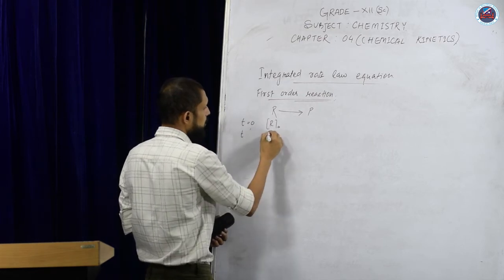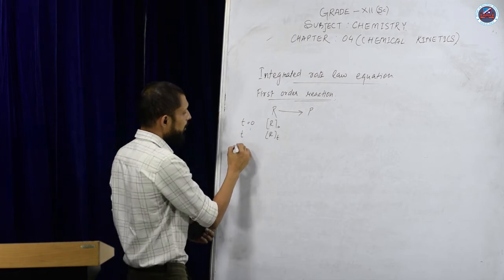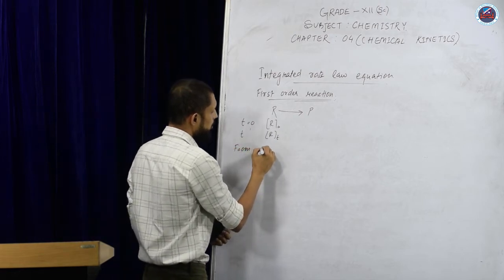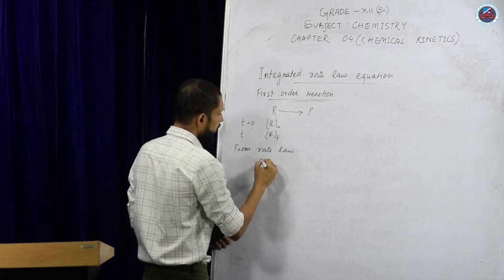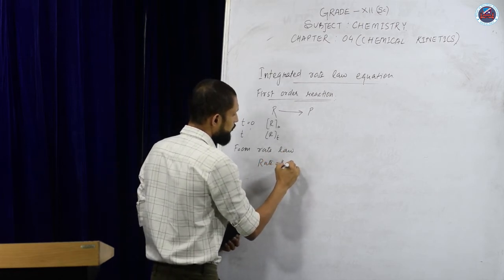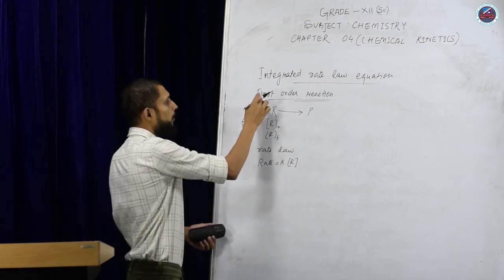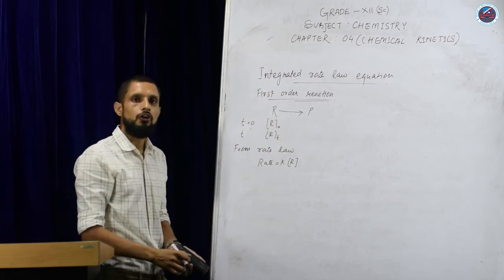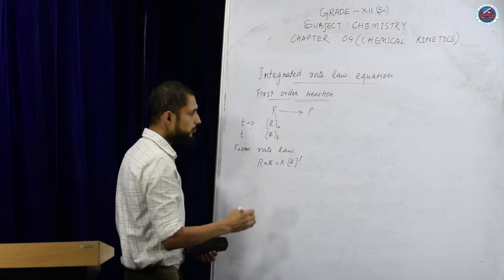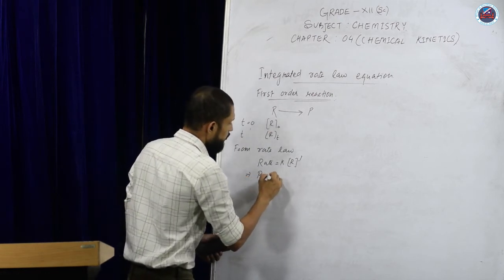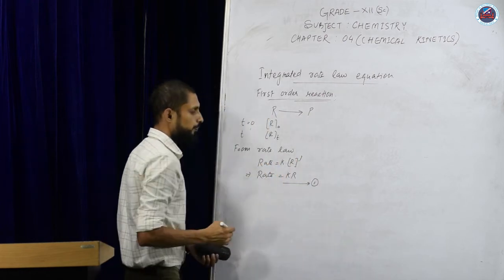When time t, let the concentration of reactant be Rt. From the rate law equation, we get rate is equal to rate constant multiplied by concentration of reactant. Since this is a first order reaction, the order of the reaction is 1. So we can write rate is equal to K R. Let this be equation 1.